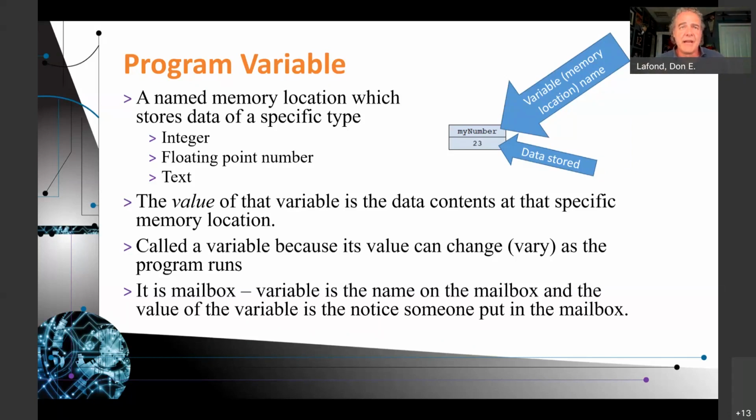The value of that variable is the data contents at that specific memory location. So you call a variable, and in that variable you put whatever type of information that you are trying to save. So if you set a variable to integer, then you can put numbers in there.